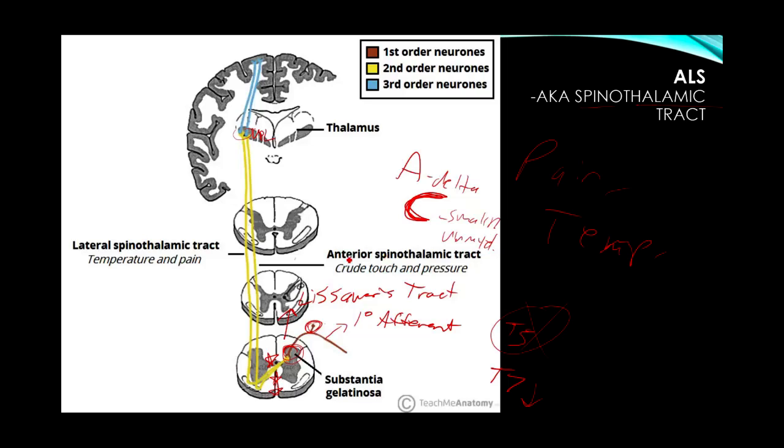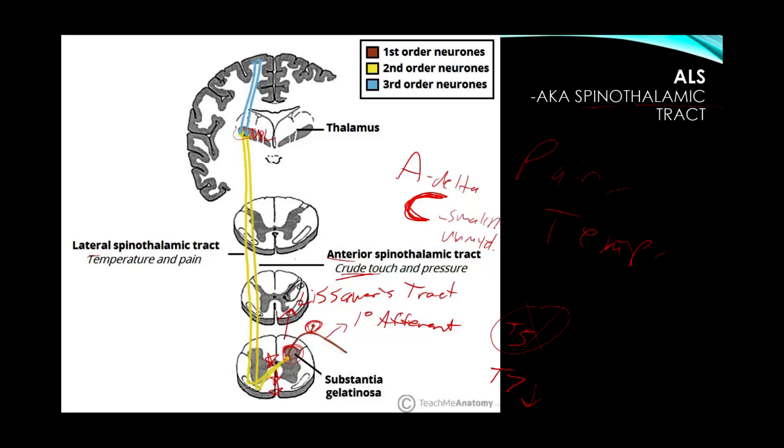Don't get hung up on the anterior versus lateral spinothalamic tract. They really run together. They're kind of one and the same. And there is some crossover. You know, the ALS does transmit some information about touch, but it's something called crude touch. And then some information about pressure. But crude touch is still different from fine touch and discriminative touch.